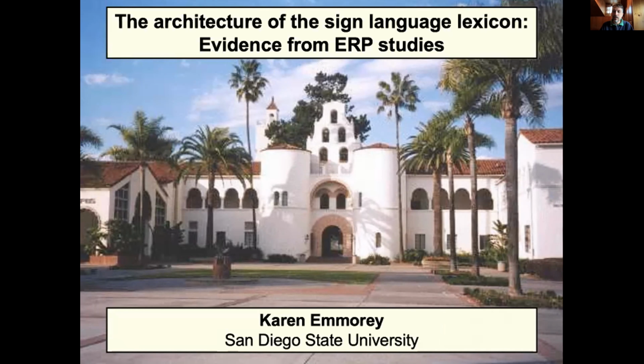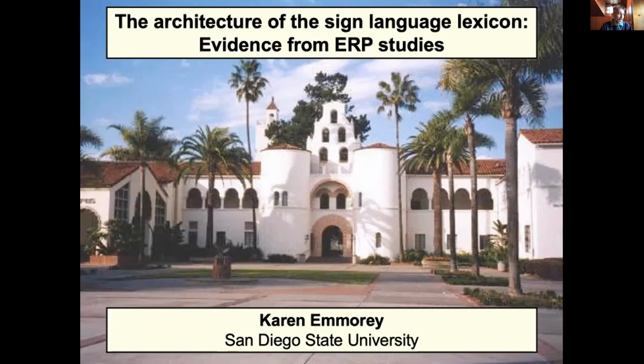We can start the last session of AMLaP 2021 with our last keynote speaker, Karen Emmorey from San Diego State University. Karen is also director of the Laboratory for Language and Cognitive Neuroscience. She is the most prominent figure in sign language, psycholinguistics, and neuroscience.